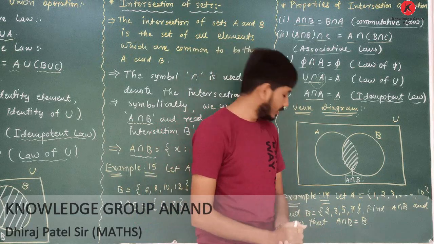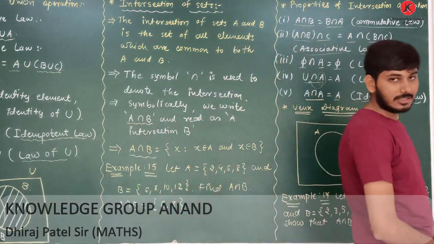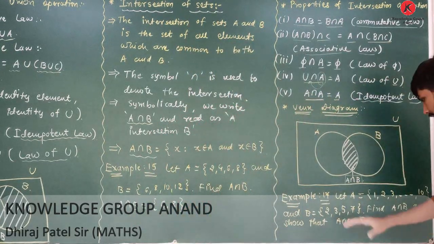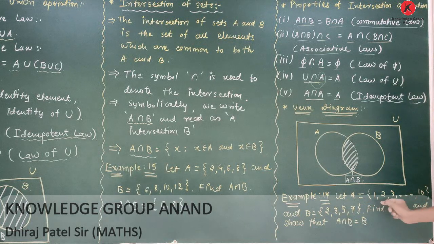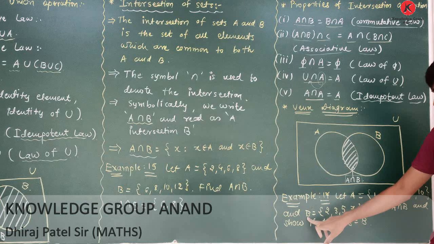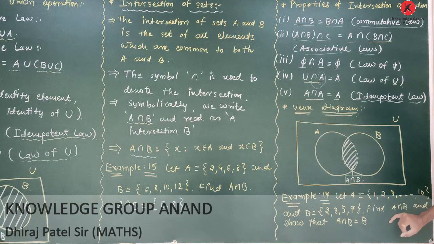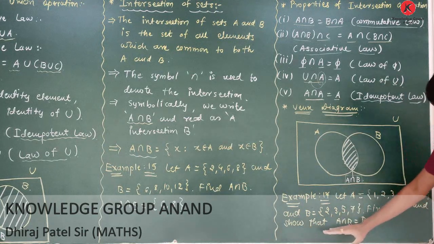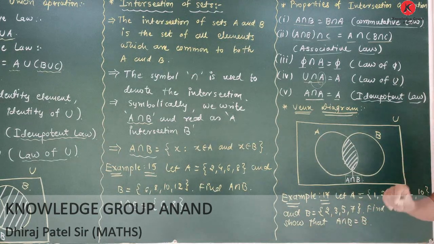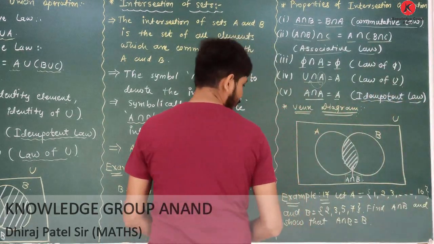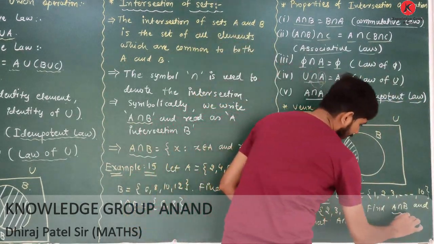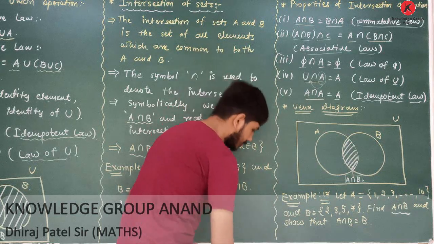Now we are going with example number 17. In example number 17, let set A equal 1, 2, 3 up to 10, and set B equal 2, 3, 5 and 7. Then you have to find A intersection B and show that A intersection B equals set B. So first of all, we are finding A intersection B here.